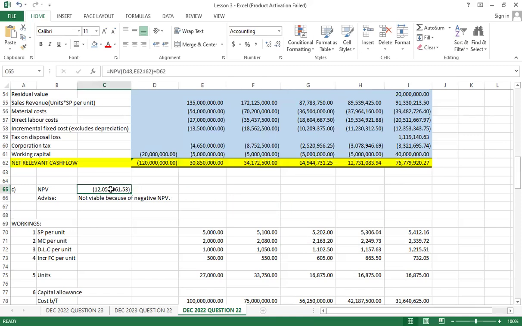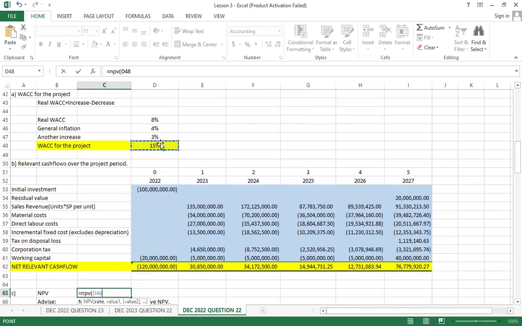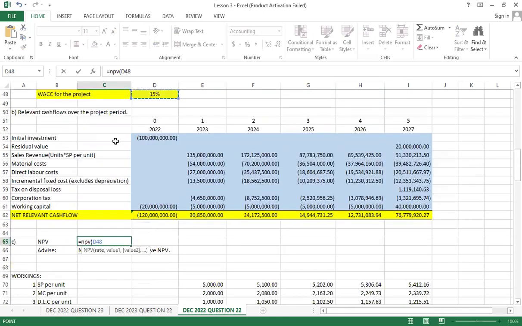So the formula for NPV is equal to NPV, and then in bracket, the discount rate, this 15% computed in part A, comma, you then take the cash flows from period 1 to the last. Leave out period 0. Close the bracket and then plus now this 120 minus.